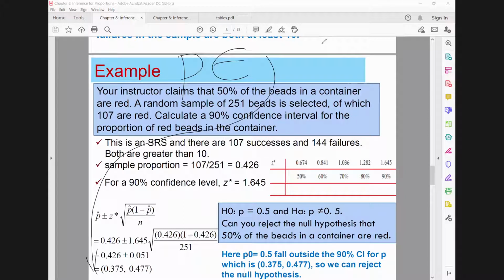With 90% confidence, p is between 0.375 and 0.477. Let's see the first information. My question is the following: is the prediction true or wrong, guys? Is the instructor's belief right or wrong, in your opinion?